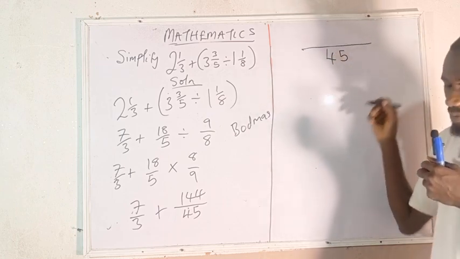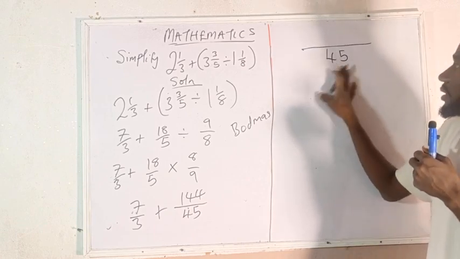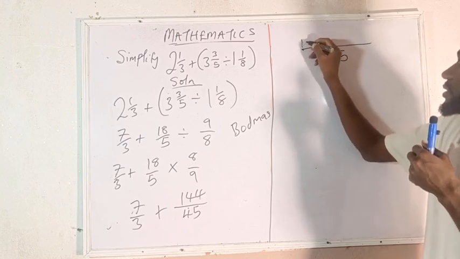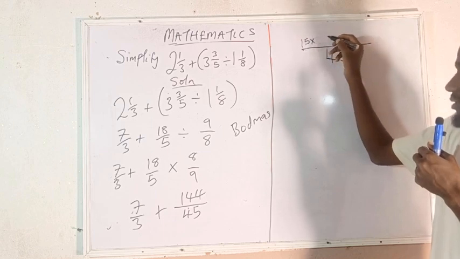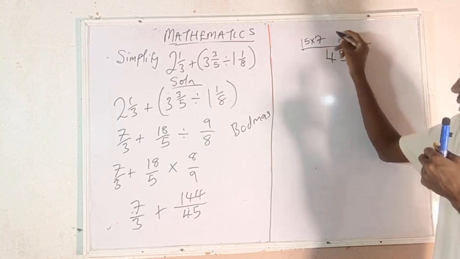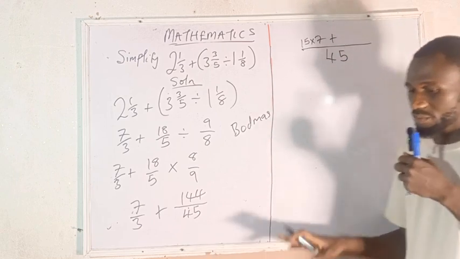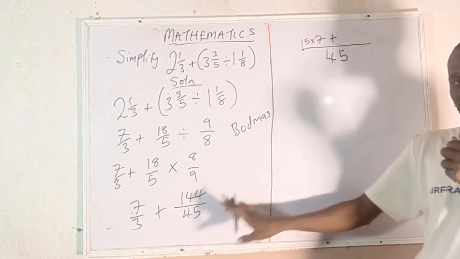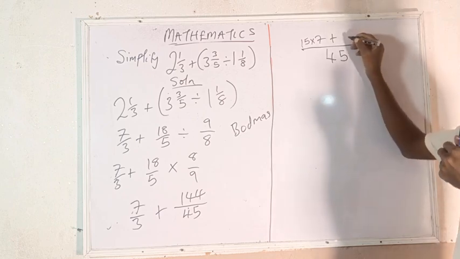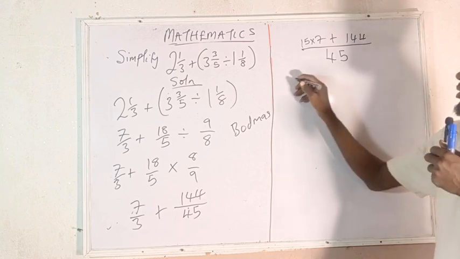That is, we can say 15 times 7 plus, the next step we can say is 45 into 45. This is 1. Now we can say 1 times 144.